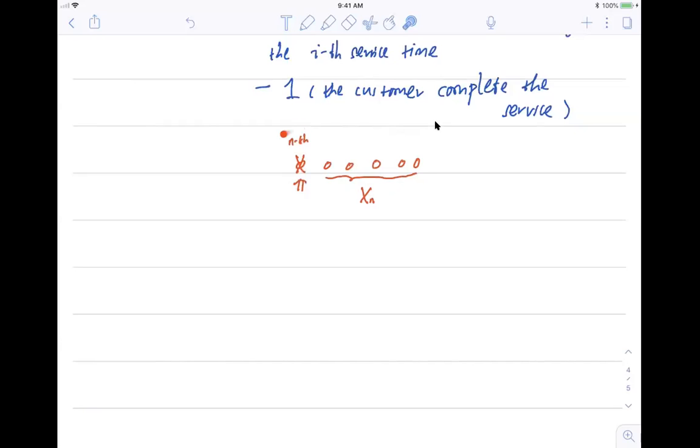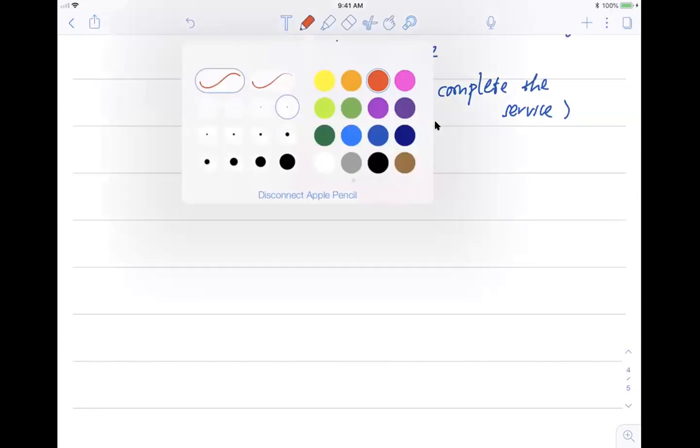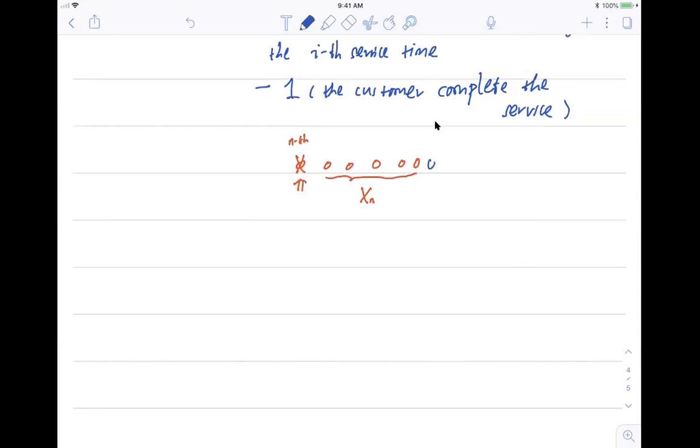In the period when this guy is getting served, there are new people coming. So this actually is psi n plus 1.